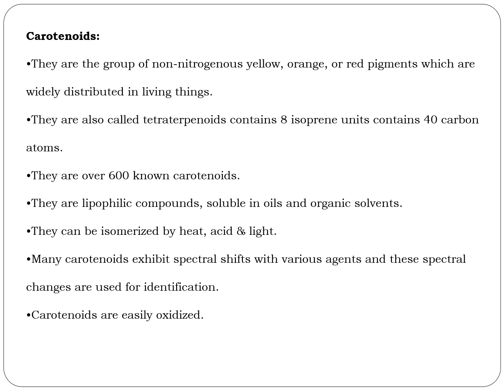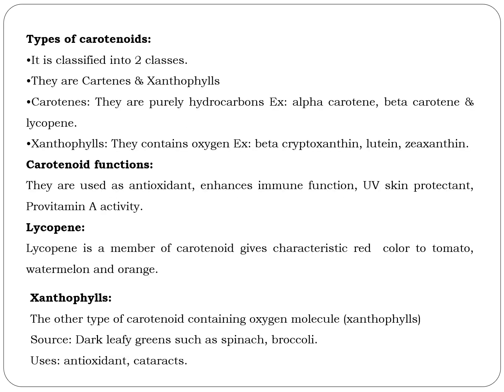Many carotenoids exhibit spectral shifts with various agents, and these spectral changes are used for identification. Carotenoids are easily oxidized. There are different types of carotenoids. They are classified into two classes. One is carotenes and the other is xanthophylls.